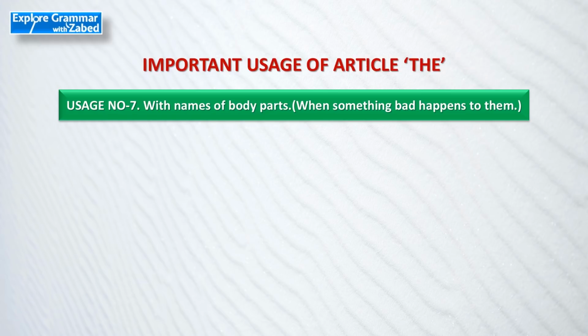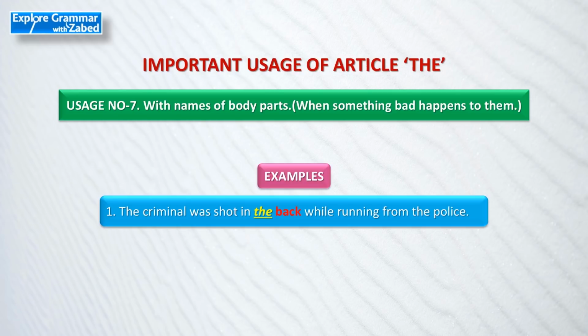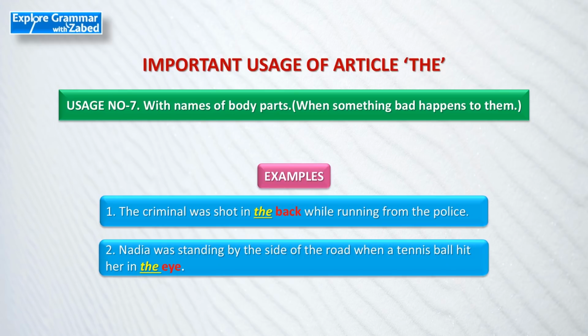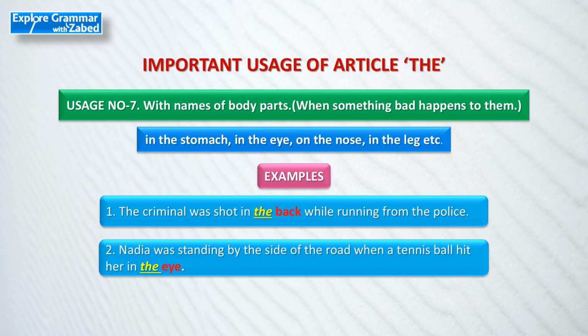For example, the criminal was shot in the back while running from the police. Notice, I didn't say in his back. I said in the back. Similarly, Nadia was standing by the side of the road when a tennis ball hit her in the eye. So, we can say in the stomach, in the eye, on the nose, in the leg, etc.